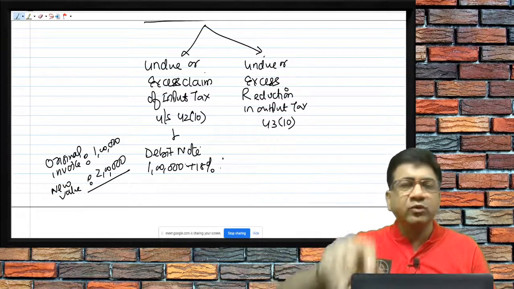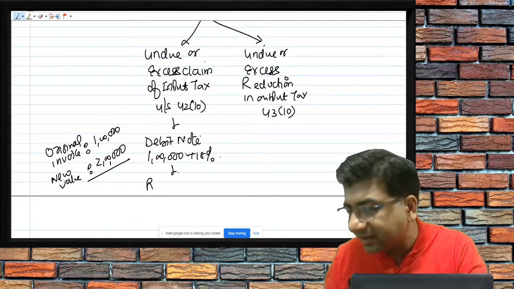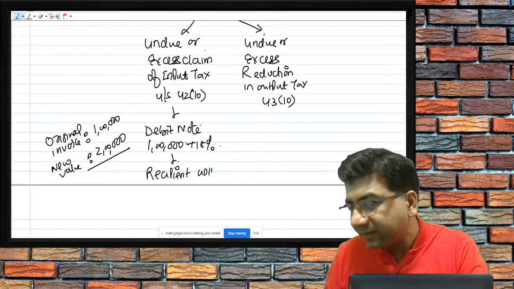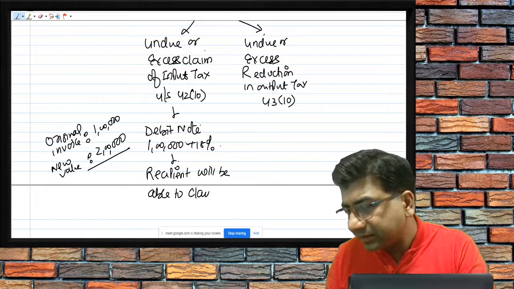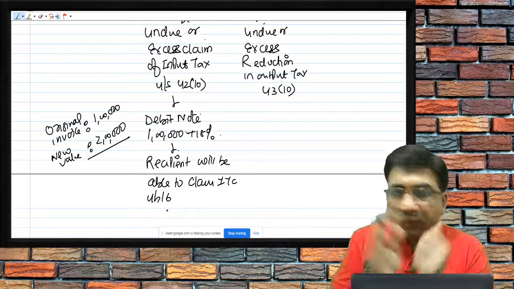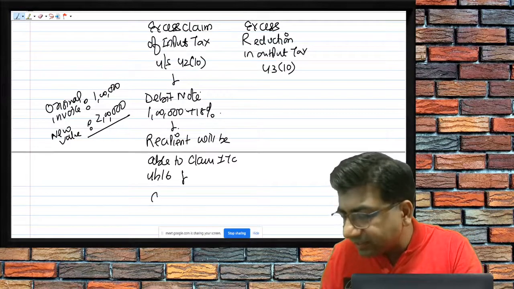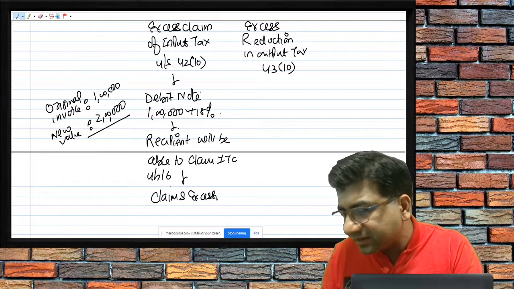Now he will be able to claim the credit. Who will be able to claim the credit? The recipient. That's the word recipient was there. Recipient will be able to claim ITC. As per section 16, either you should have the invoice or you should have the debit note. But what does he do is, he claims excessive ITC.